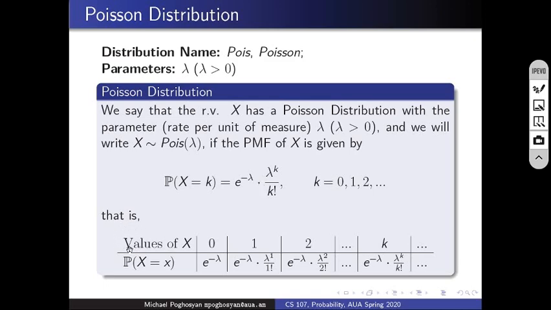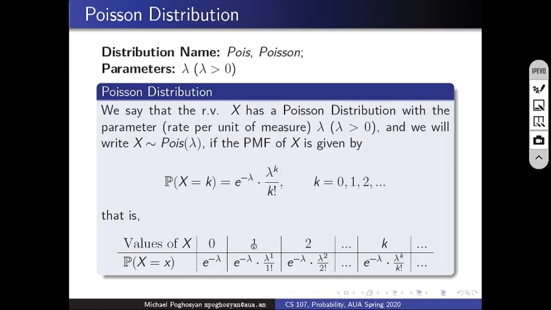In the table form, the PMF will look like the following. The values of x can be any non-negative integer, 0, 1, 2, etc., k, etc., up to infinity. The probability that x will take the value 0 is, plugging in k equals 0, just e to the minus lambda.